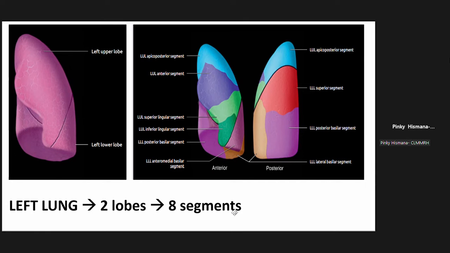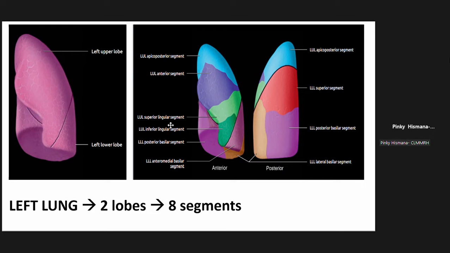The segments for the left upper lobe are the apico-posterior segment and the anterior segment. Meaning, in the right upper lobe you have apical, posterior, and anterior, while in the left upper lobe there are only two segments. So the apico-posterior was incorporated into one, that's why there are only 2 segments.